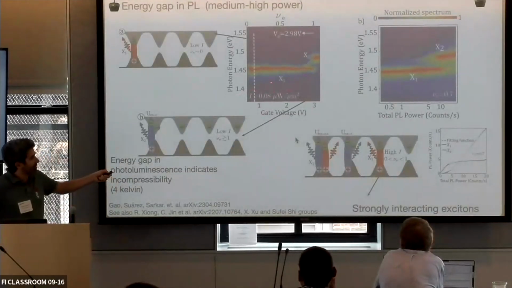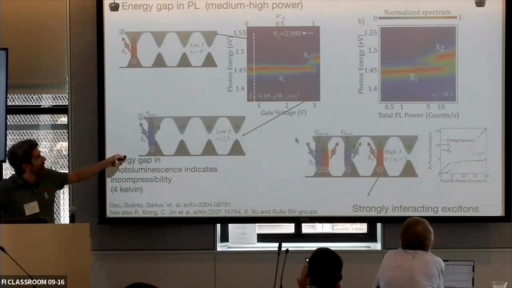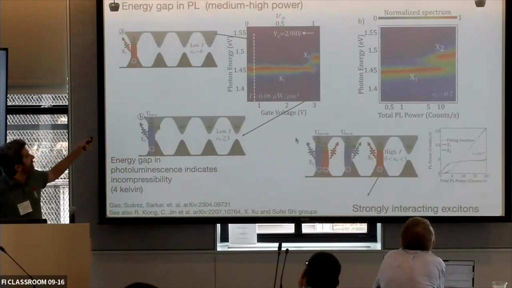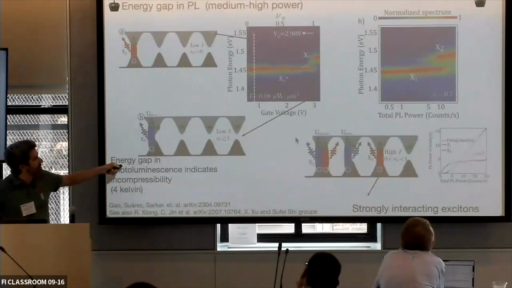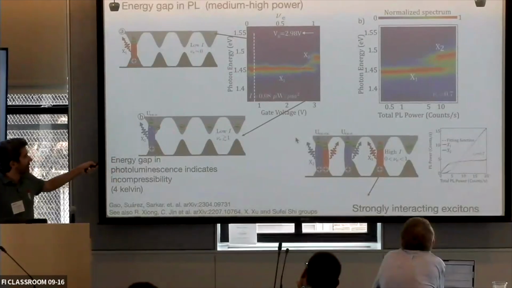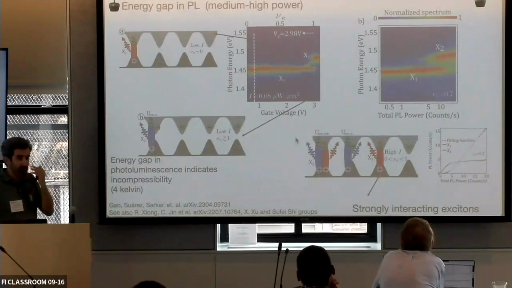So this is one experiment. It was also observed in other groups. This is the doping in the conduction band. If there is no doping, my photon, an electron, and a hole will recombine at some specific frequency like this. But then if I dope the system, I put one electron per site, then when the electron and hole want to recombine, they come at a higher energy because the energy of this exciton was higher.